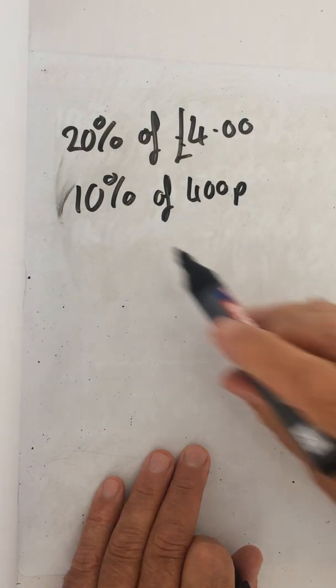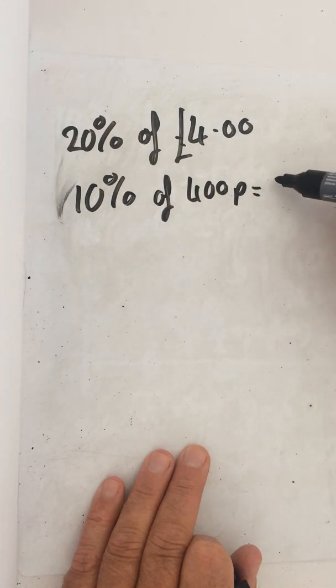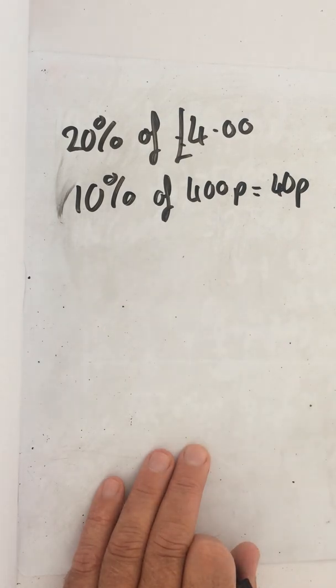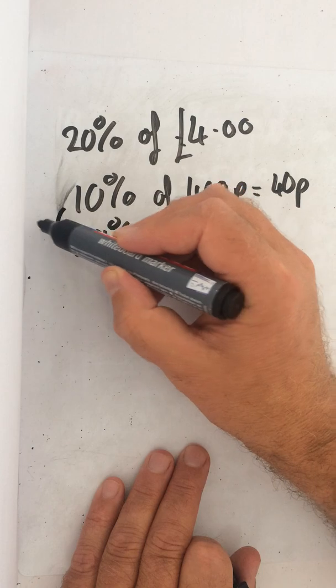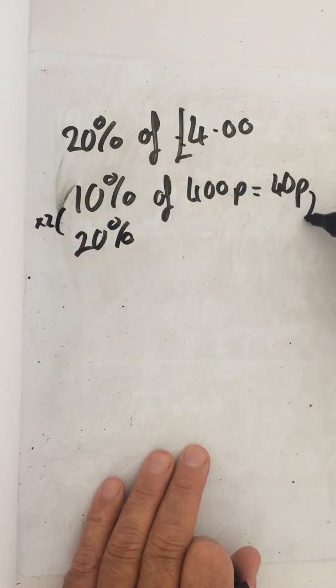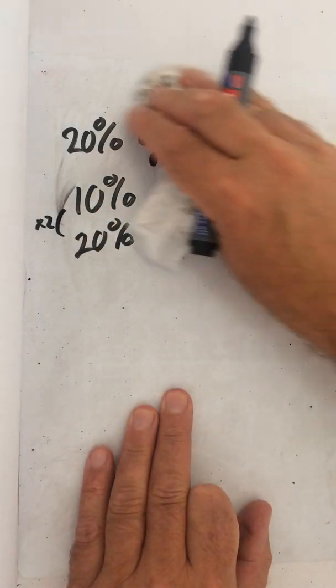Okay, so I know 10% I'm dividing by 10, so that would be 40 pence. Dividing by 10, remember, to find 10%. So if I want to find 20%, I'm timesing that by 2, so I times my answer by 2, and it gives me 80 pence, isn't it? Okay, so I find 10% first, and then I double it to get 20%.